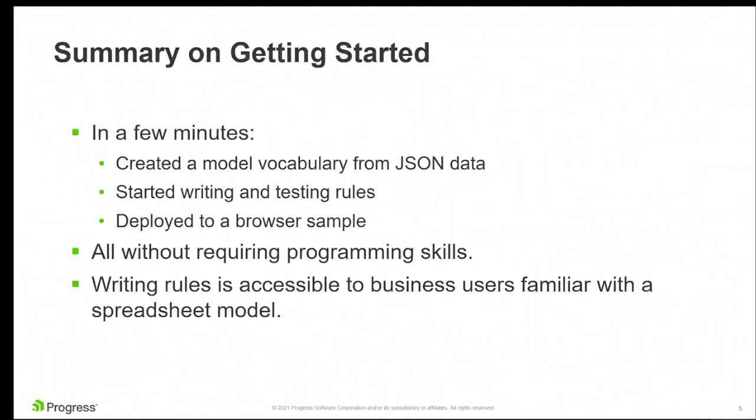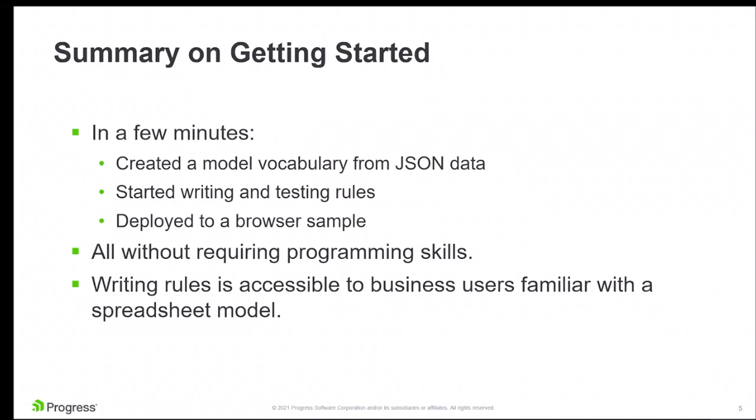Okay, let's summarize what we've seen. In a few minutes, you've seen that we created a model from JSON data. We started writing and testing rules, so we can assess our rules even before we deploy in a complex environment. We have also deployed it to a browser sample to show you a rule running in JavaScript in a browser.